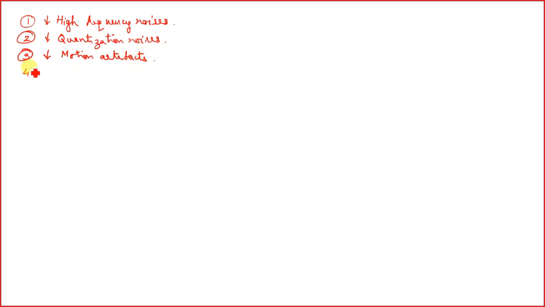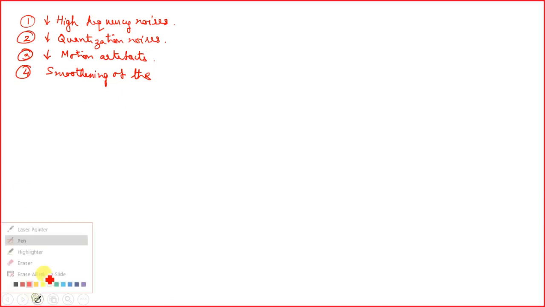And fourth, it helps in smoothing of the data.